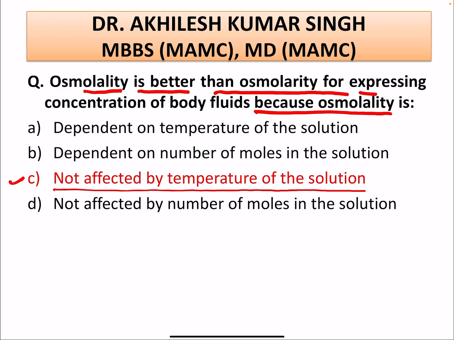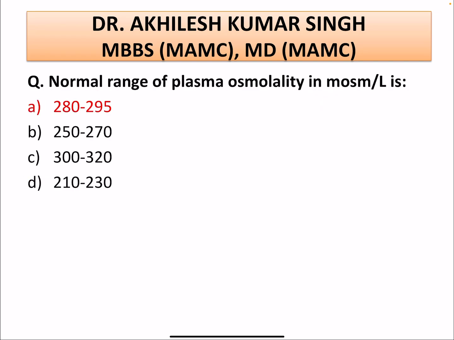Now let us look at another question here. The question is the normal range of plasma osmolality. We have to tell the normal range of plasma osmolality in milliosmoles per liter.